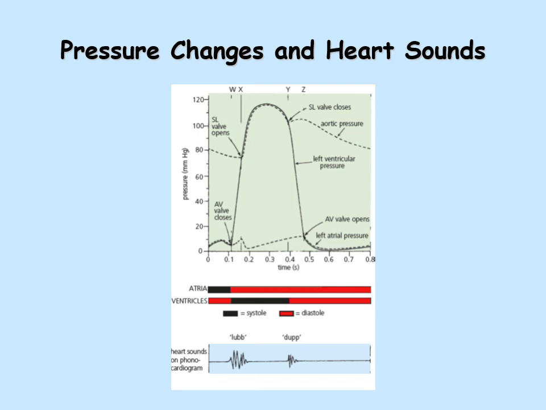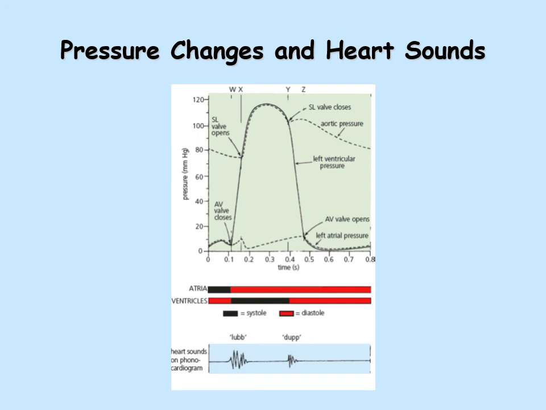So if you look at the sound of lub on that bottom diagram, and you correspond that to the graph, so take your finger from lub and go all the way up to 0.1 seconds on the graph, you'll see that's when the AV valves close. So the reason why we get that first sound of the heartbeat is due to the AV valves closing.